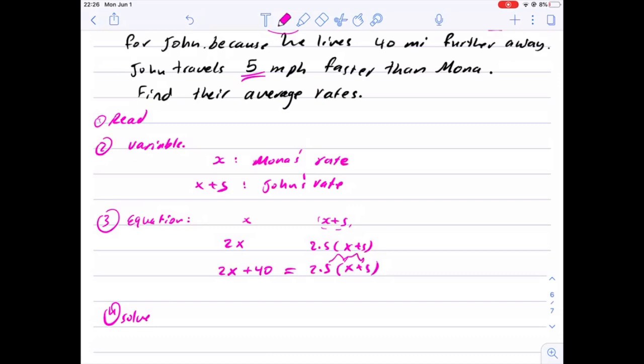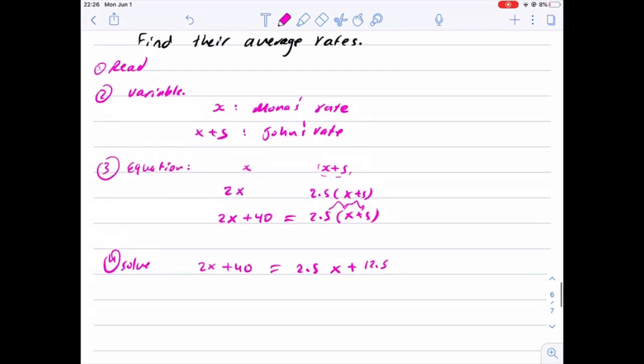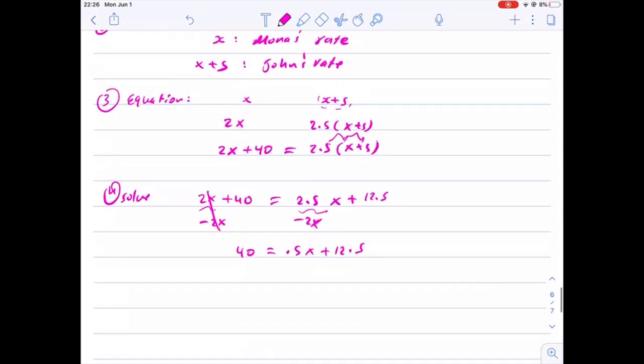Now we try to simplify the right hand side. We have 2.5x plus 2.5 times 5, and that's 12.5. And then we have x written twice, so we subtract the smaller x term. We have 40 equals 0.5x plus 12.5.